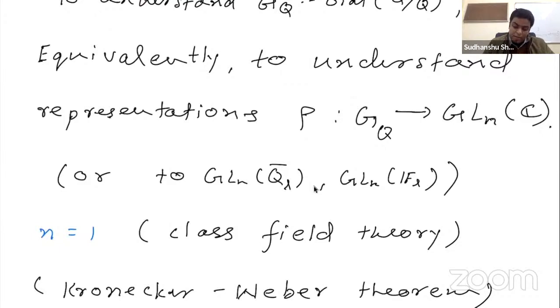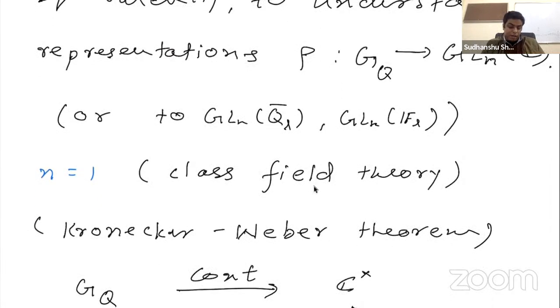Here I have written a representation rho of GQ in GL_n of C, but you can also take other fields here like Q_l, or the algebraic closure of a finite field, or other fields, or in fact rings also. By looking at these representations, one gets an idea of the group GQ itself.